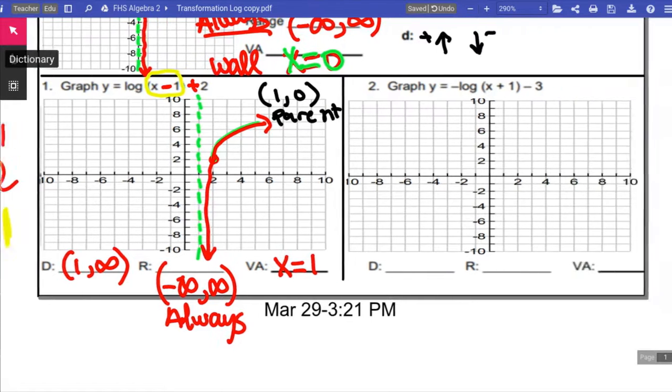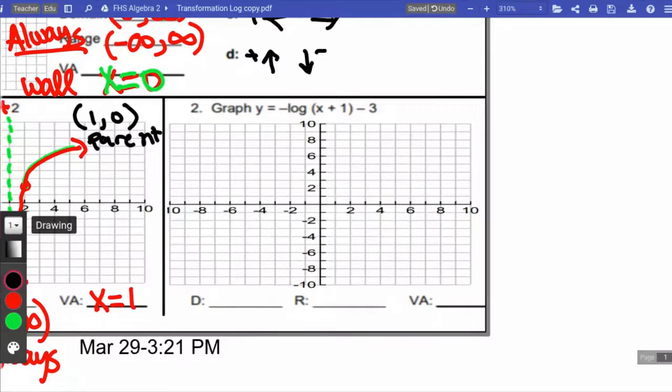Let's do another one, number 2. All you have to do is pretty simple. We always start by plotting (1, 0). Now we have a negative right here. This negative in the front stands for reflection over the x-axis, and the x-axis is this line right here.